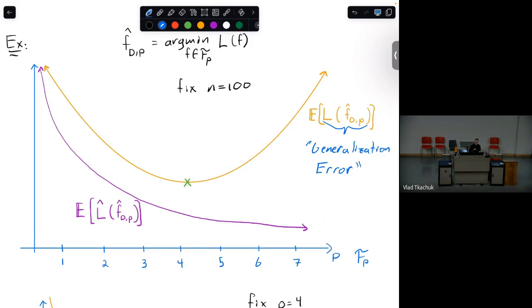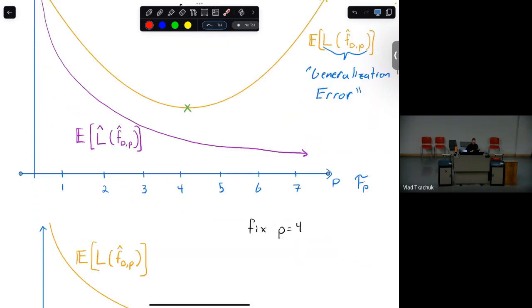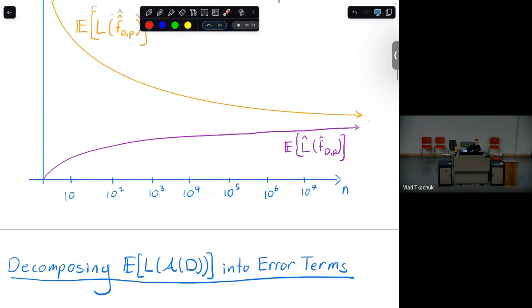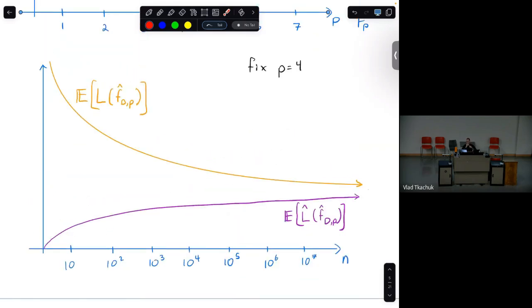So with small p, you generalize poorly; if you make p larger, you generalize better. But the real goal is how to pick the right p, and you really need to know this curve. We're going to get to that curve in a second. But before that, we want to understand where certain errors are coming from in a slightly more precise way than what I just said in words. Yes?